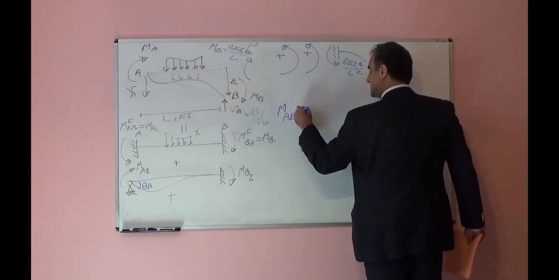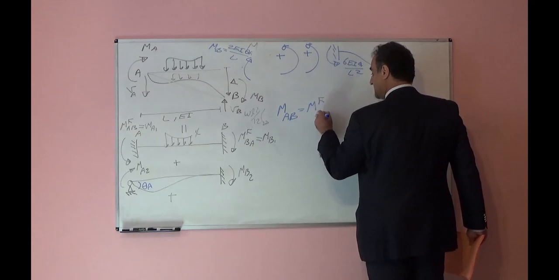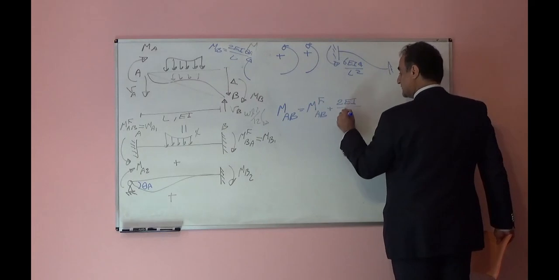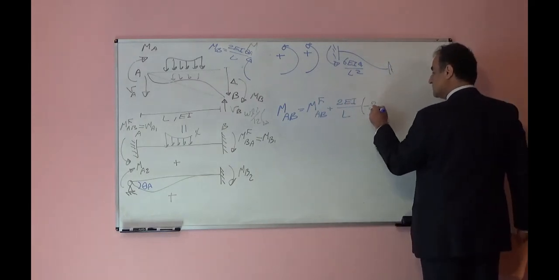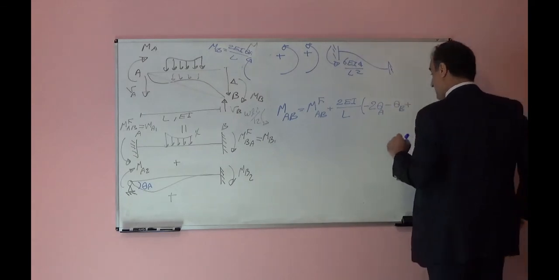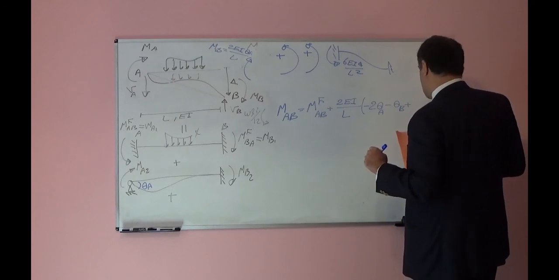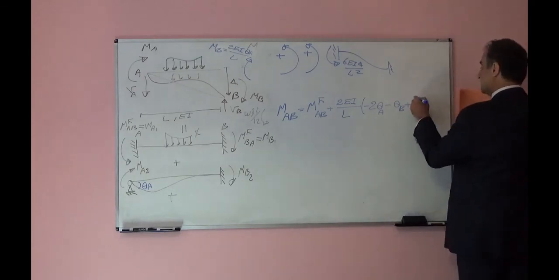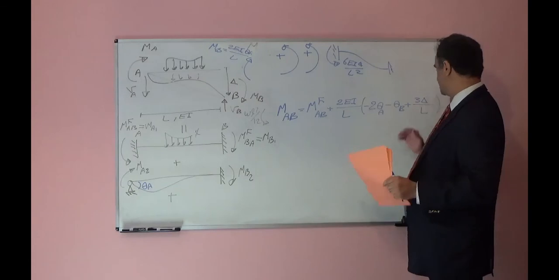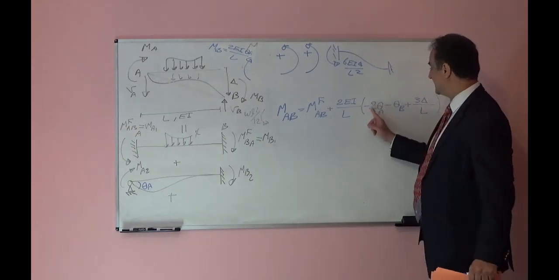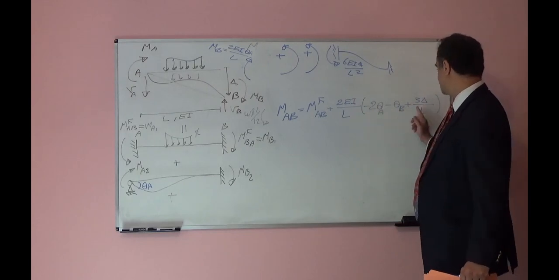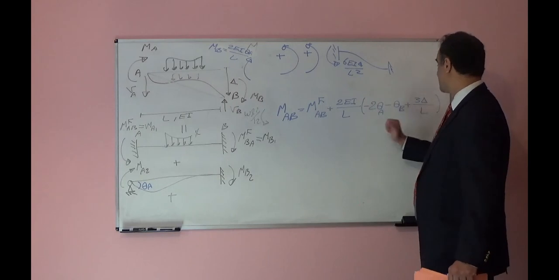MAB is equal to M fixed AB plus 2EI over L times minus 2 theta A minus theta B plus 3 delta over L, because if we multiply this inside of parentheses, this will be negative 4EI over L theta A, negative 2EI over L theta B, this will be positive 6EI delta over L squared.